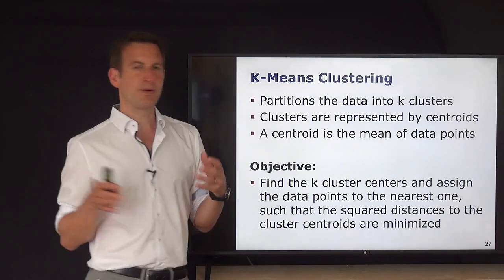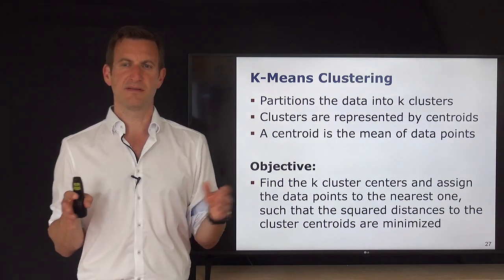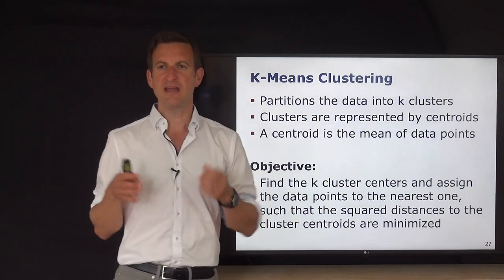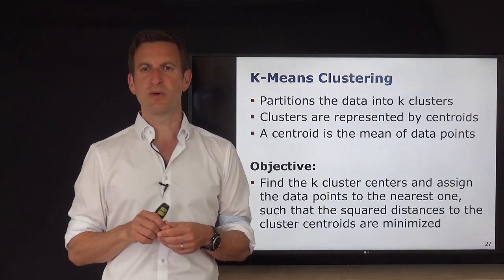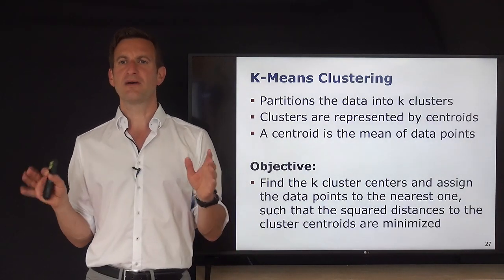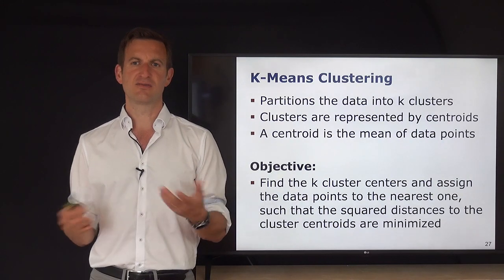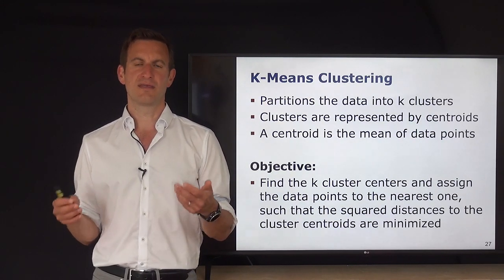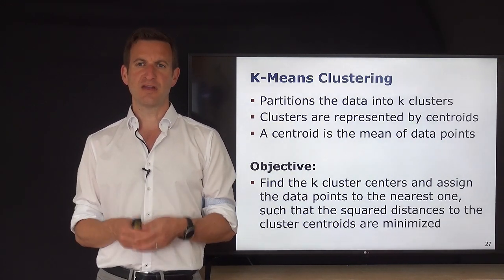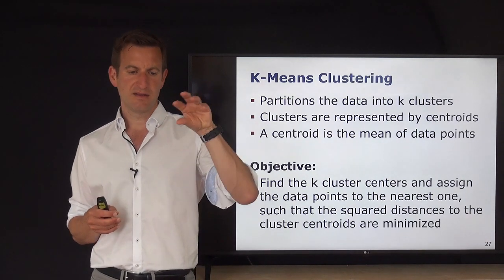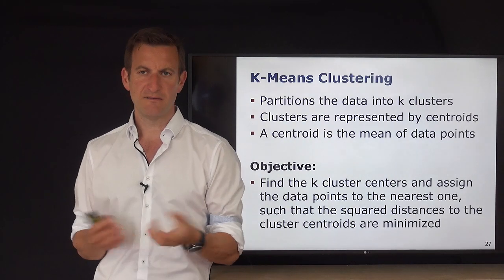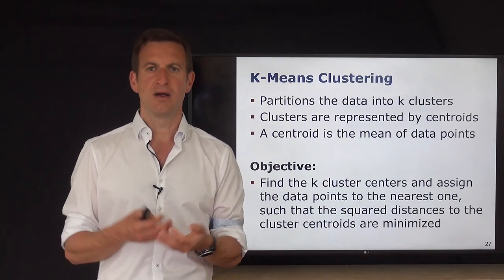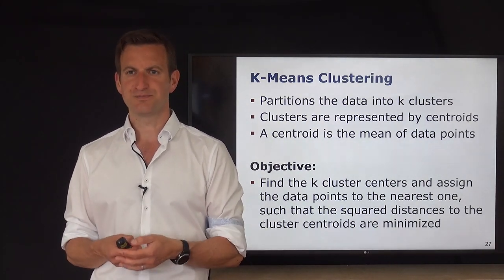What k-means does is partition the data that we have, in this case our feature descriptors, into k clusters, and we need to provide this k. So we can say k equals 1000, which means generate 1000 clusters from my data set and return those 1000 so-called centroids, which are the center of mass in the cluster space. It's basically a mean over my feature descriptors, which are supposed to form one visual word.